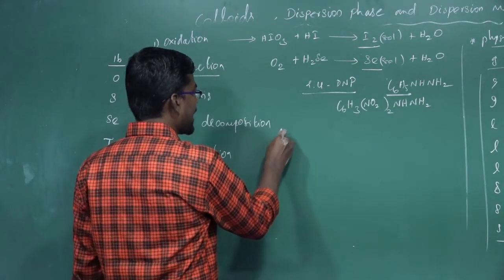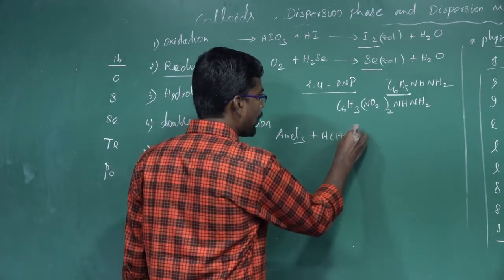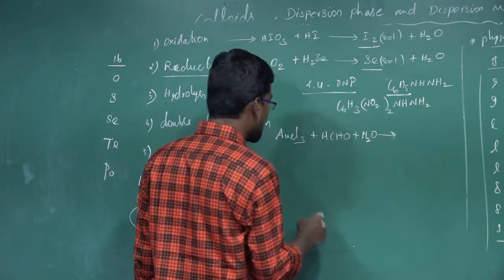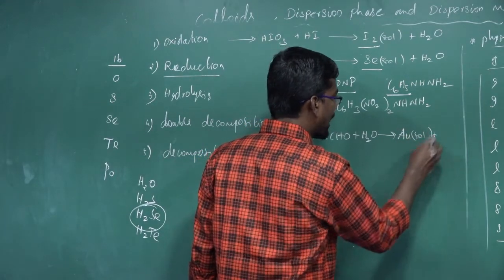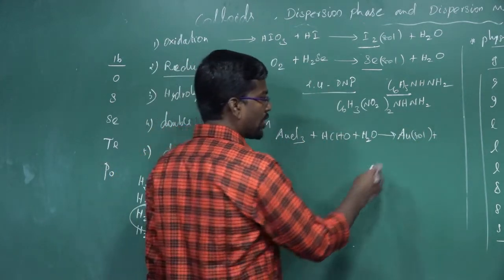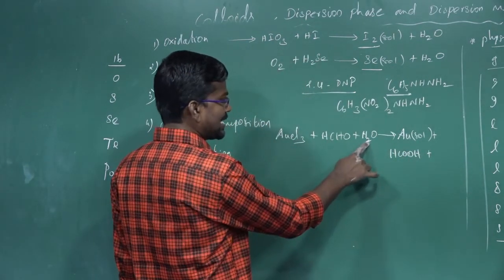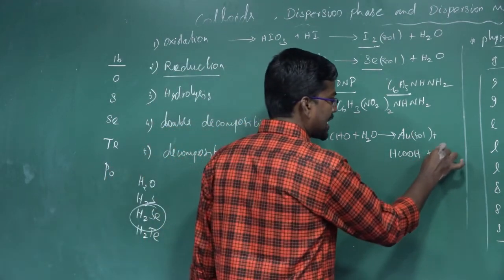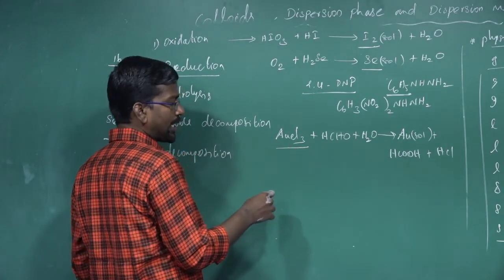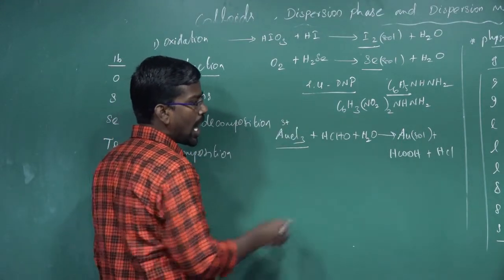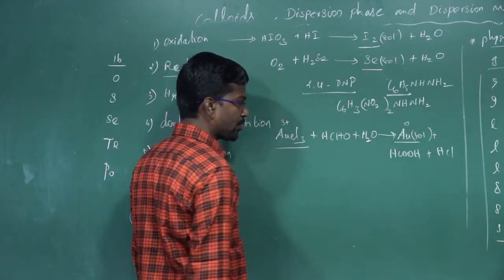So auric chloride, AuCl3, is treated with formaldehyde, HCHO, plus water, H2O; auric chloride is converted to gold sol, Au sol, plus formaldehyde oxidized to formic acid, HCOOH, plus hydrogen combined with chlorine to form hydrochloric acid, HCl. Here auric chloride contains gold in the +3 oxidation state. The gold sol contains gold metal in the 0 oxidation state.